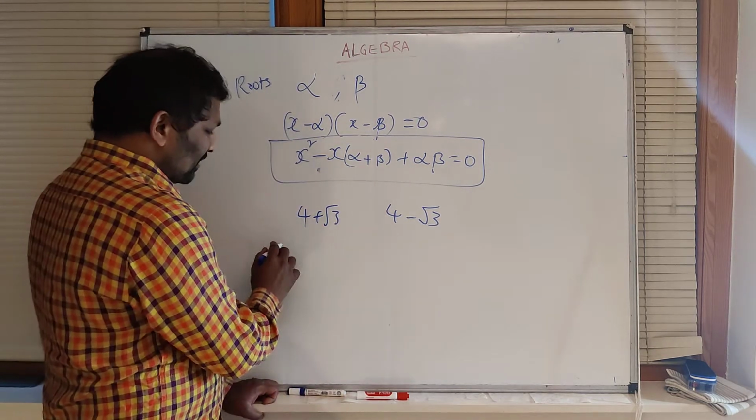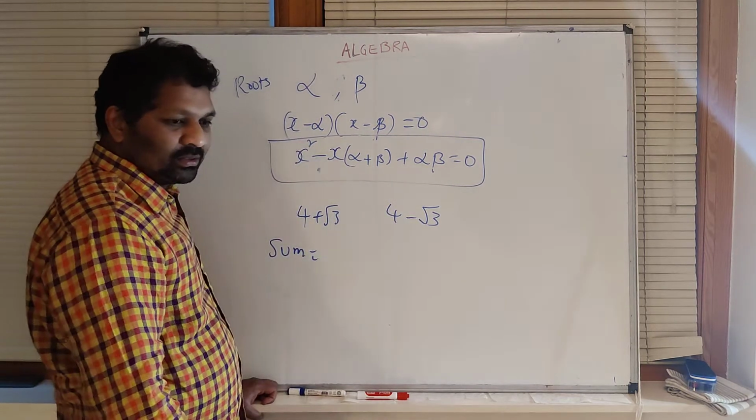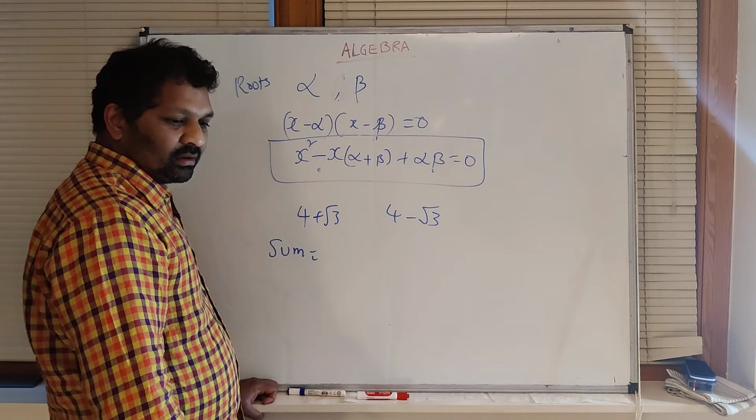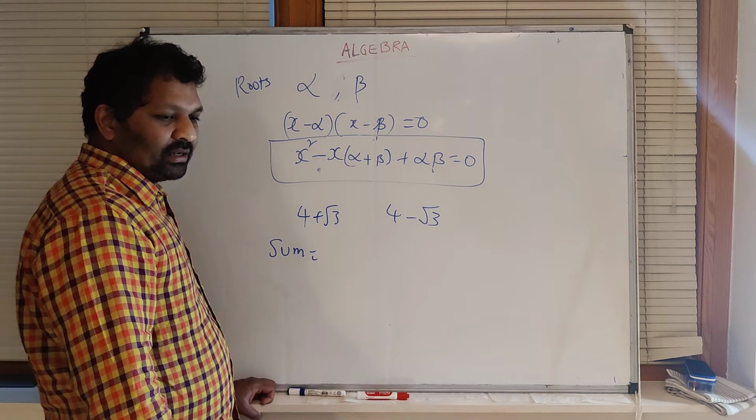Let's find out the sum first. What is the sum if you add these two roots? 4 plus root 3 plus 4 minus root 3. So what do we get?